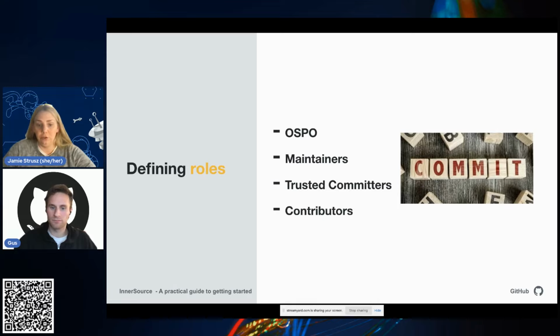So with contributors, they can make suggested changes, and usually it's the trusted committer that goes back in, in addition to the maintainers, to review that code or documentation. But either way, regardless of which role you're filling, you still have to follow that project's contribution guidelines and just make sure that you're essentially playing by the rules.